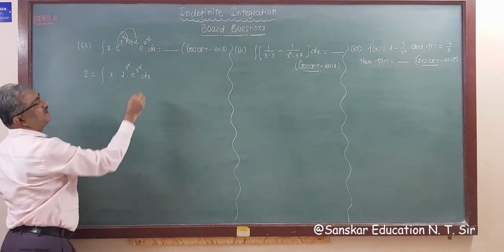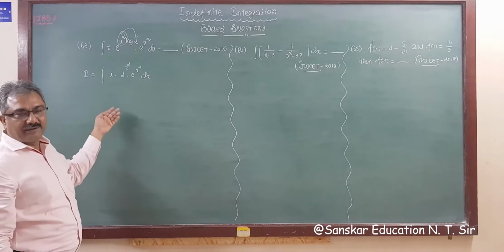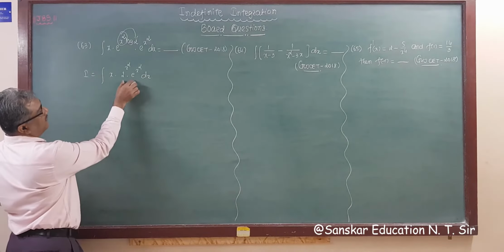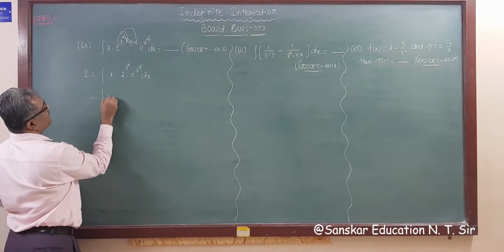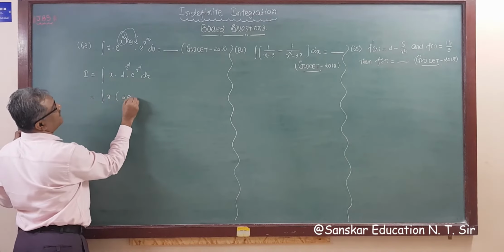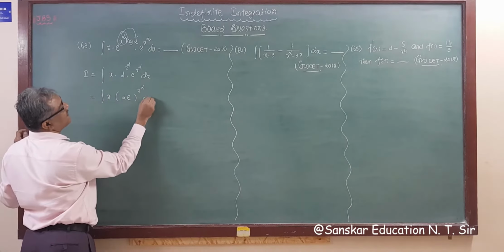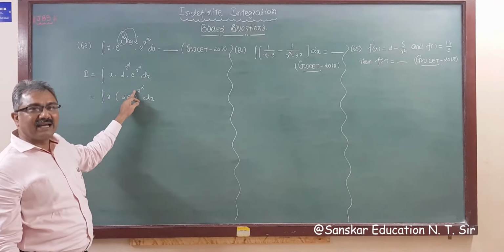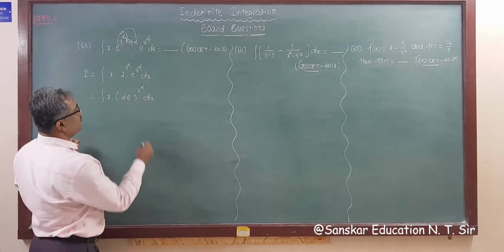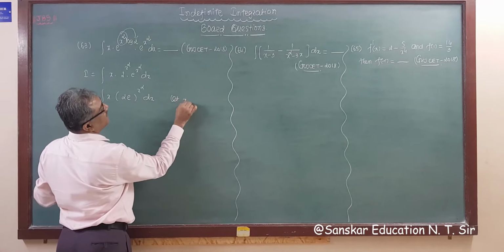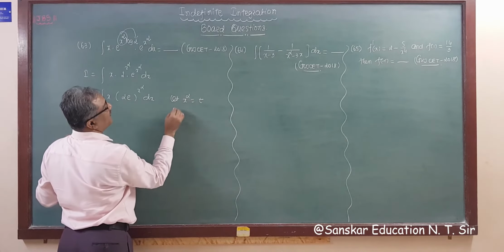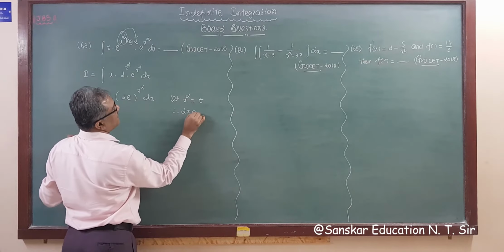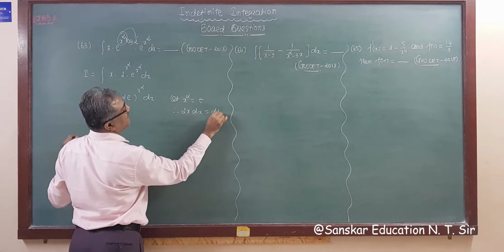And now in this type of question we did earlier, right? So writing here integration x into twice e constant raised to x square dx. We need here only x, but instead of x it is given x square. So assume x square is equal to t. So let x square is equal to t. So derivative of this is twice x dx is dt.